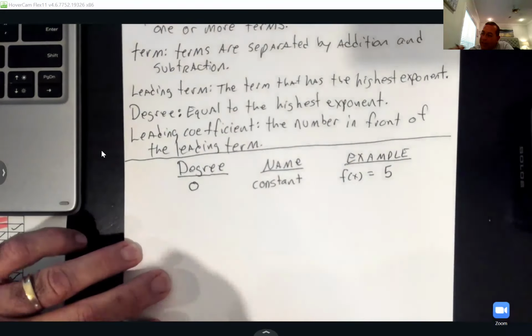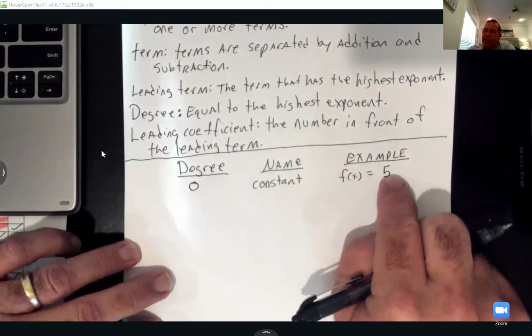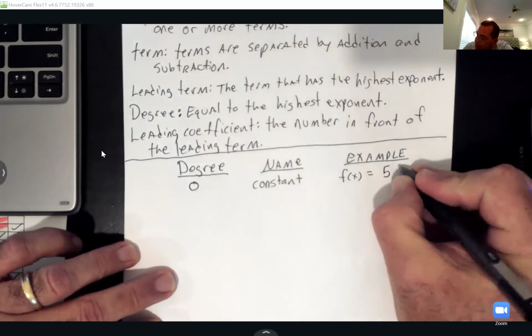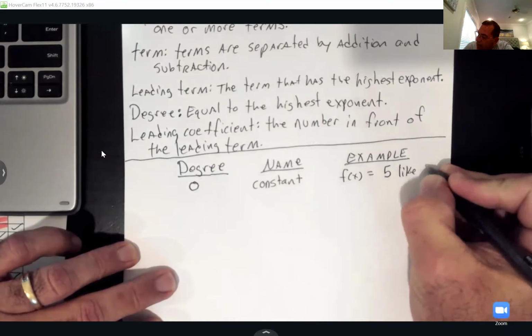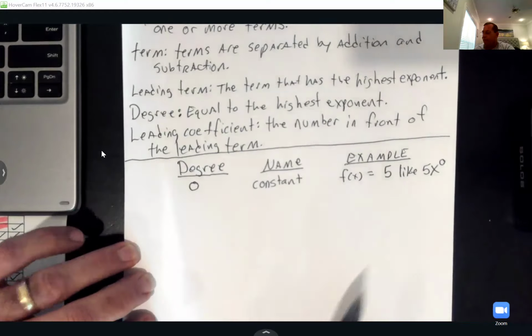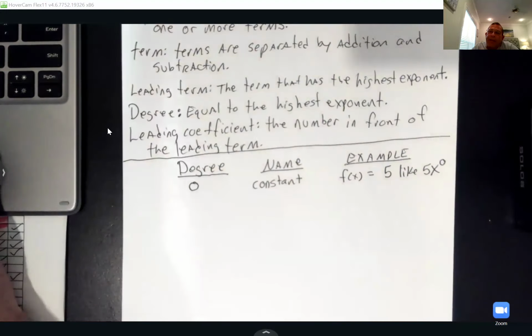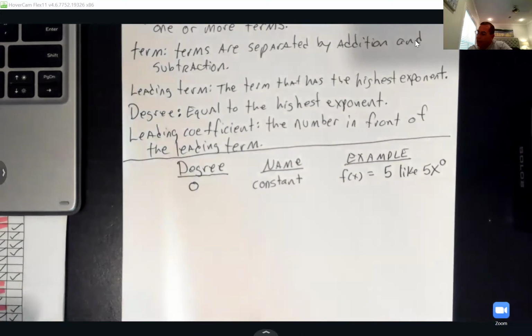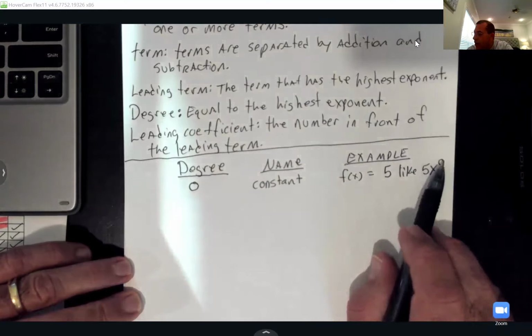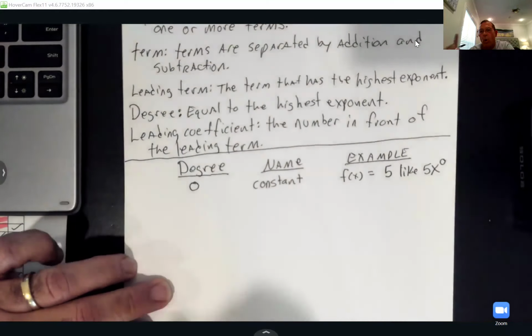Now, y'all listen. Technically, there is a variable here. This would be like 5x to the 0. But the reason we don't have to write the x to the 0 part is because anything raised to the 0 exponent equals 1.